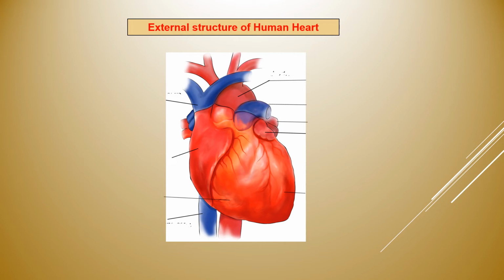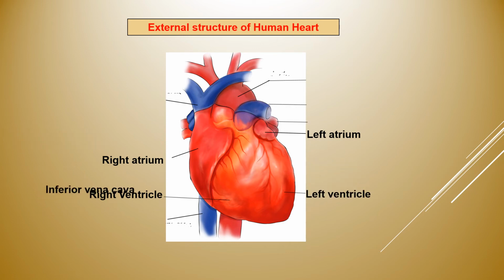The heart is four-chambered: right atrium, left atrium, right ventricle and left ventricle. The heart receives deoxygenated blood through the inferior and superior vena cava.